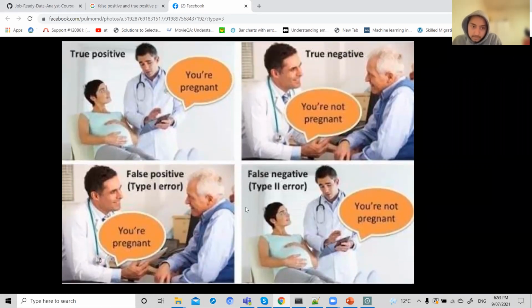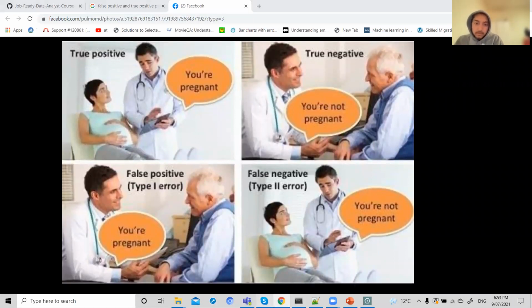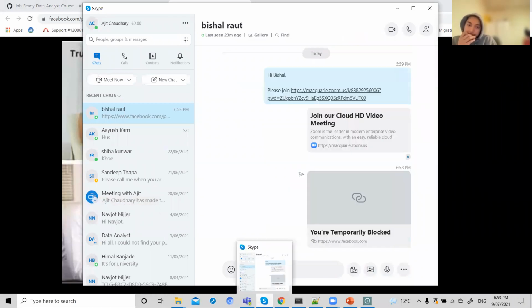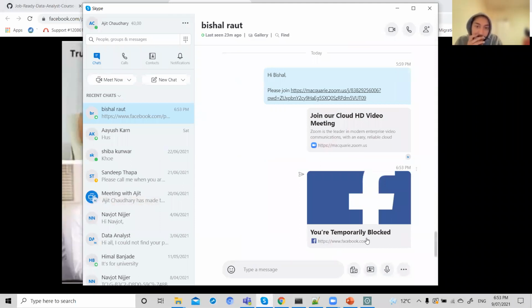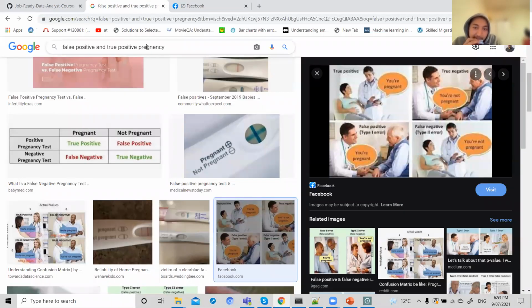So I will save you this link. You are temporarily blocked. Okay, you can view this example if you type here.